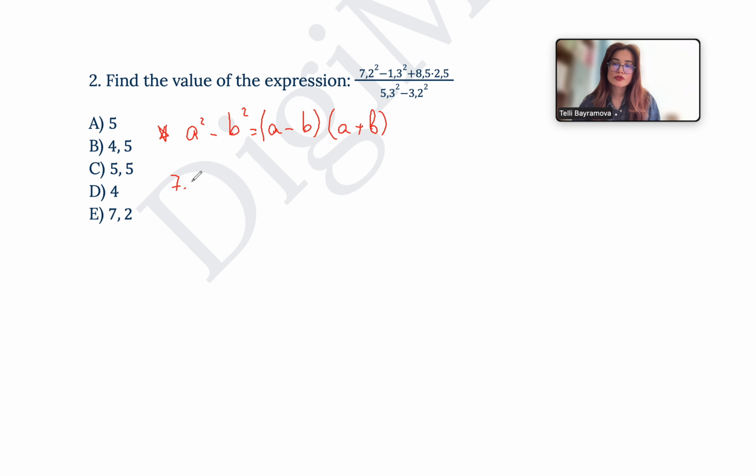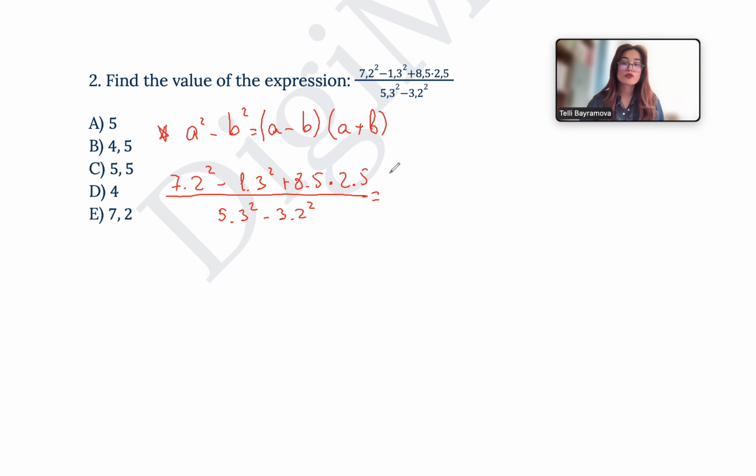So 7.2 square minus 1.3 square, it's that formula, plus 8.5 times 2.5, which I didn't like this calculation, over 5.3 square minus 3.2 square. Then let's go. 7.2 square minus 1.3 square is A square minus B square, right? Look, I'm doing this one.